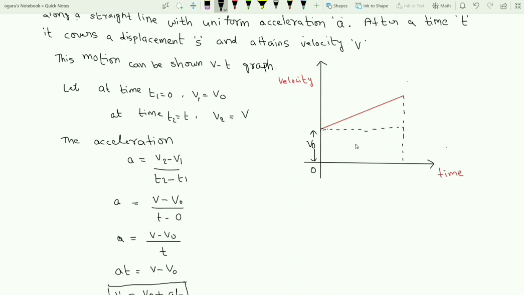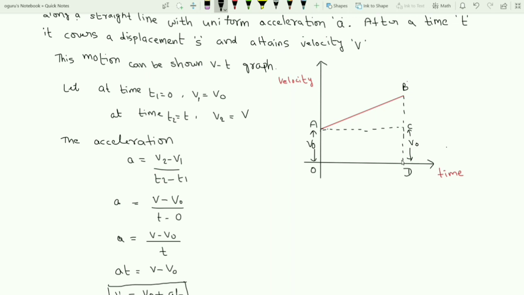Now let us label the points O, A, B, C, D. Let us consider ABC is a triangle and OACD is a rectangle. From the figure, OA is the initial velocity v0, which is equal to CD, also v0.